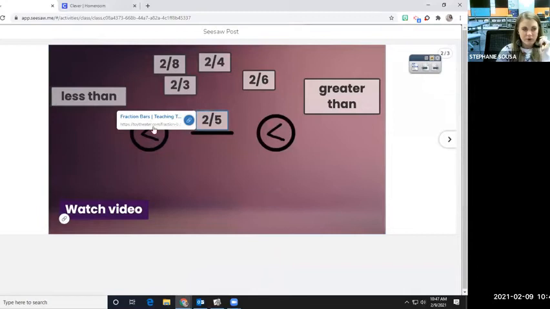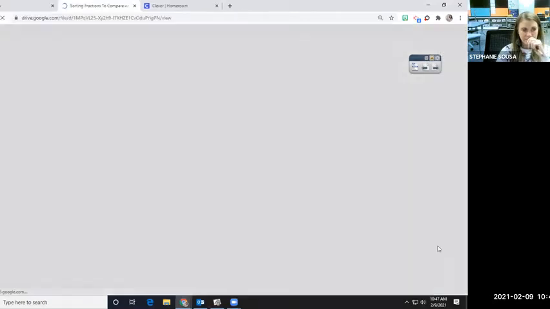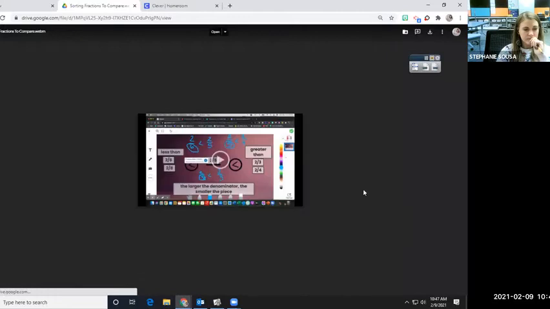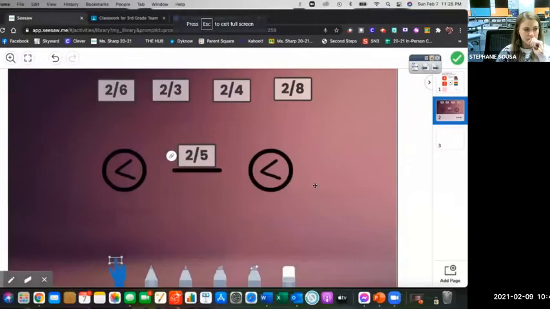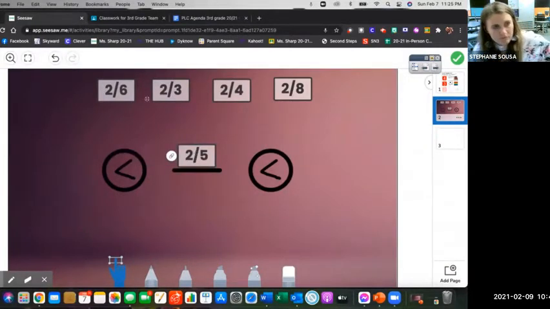Here is an example of what you are going to do today. Today we are going to be practicing comparing multiple fractions. Here in the middle, I have a fraction, and it is 2/5. And then I've got 4 fractions up here that I am going to sort based on where they fall in this comparison sentence. So you see, I've got a blank here, less than 2/5, which is less than blank.